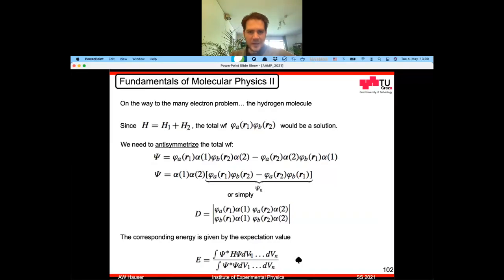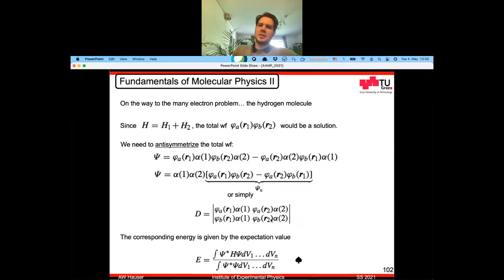Look at how this determinant is written here. We can say it has 2 rows and 2 columns. In the first column, we have electron 1, and in the second column, we have electron 2. In the rows, we just have the first atomic orbital and then the second atomic orbital.